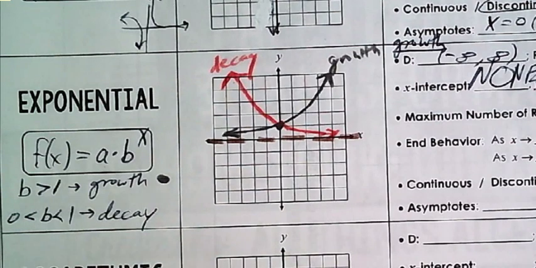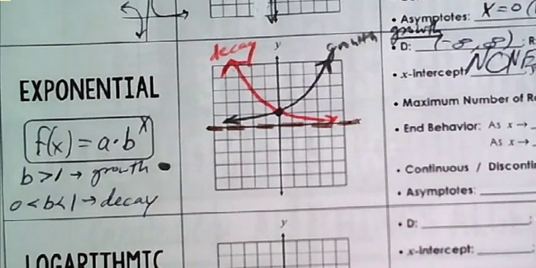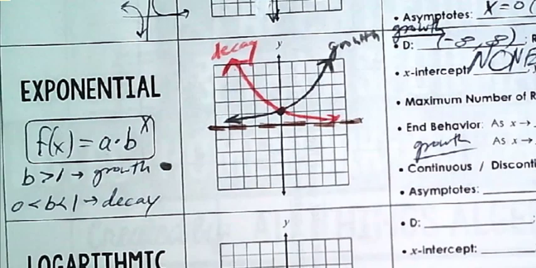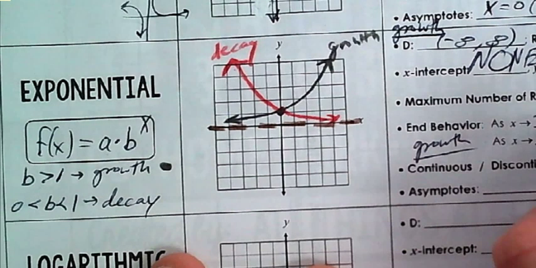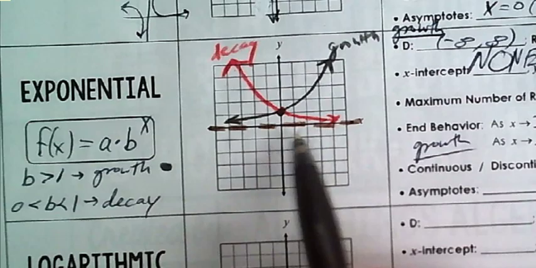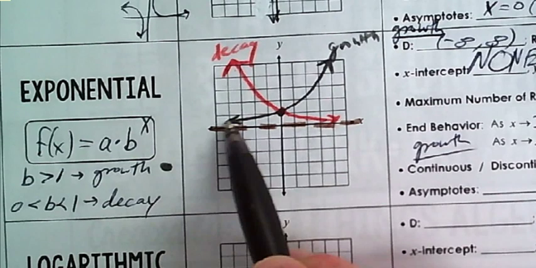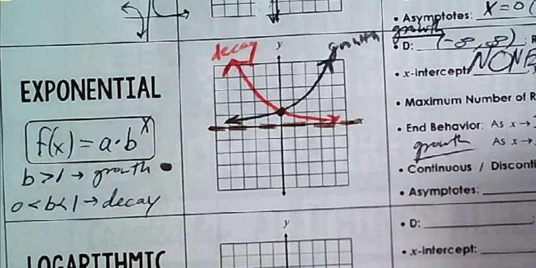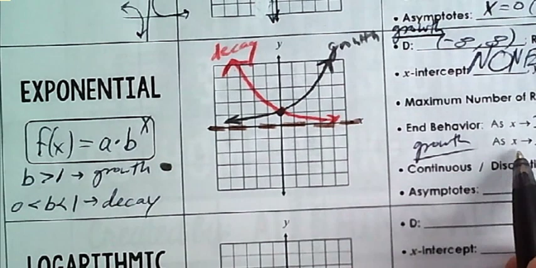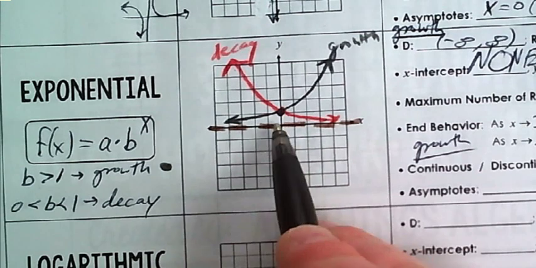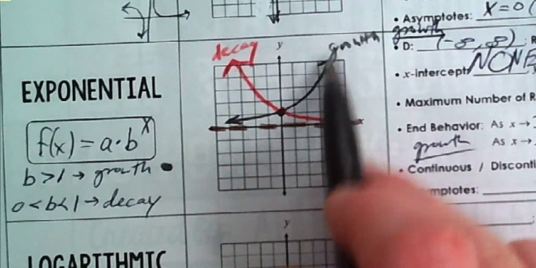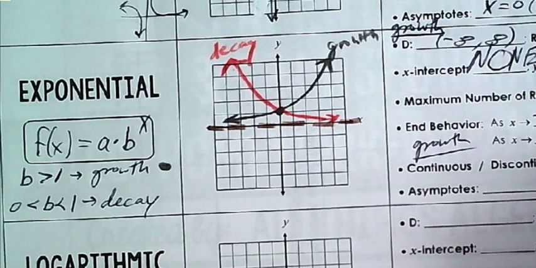Okay, now the end behavior is going to be different for growth or decay, so I need to make another note. We're talking about growth here. As x goes to negative infinity, what is the y value doing in the black here? Right. It's going toward 0. Alright? In the positive direction, as x goes to positive infinity, what is the y value doing? To infinity. Alright?